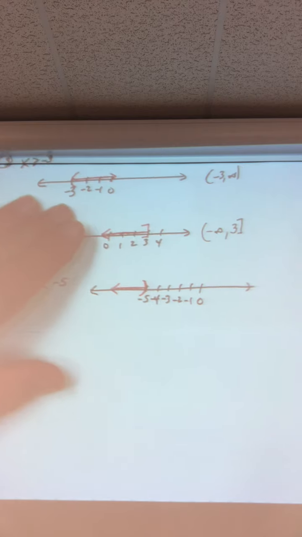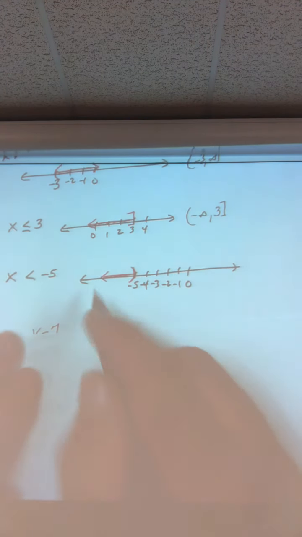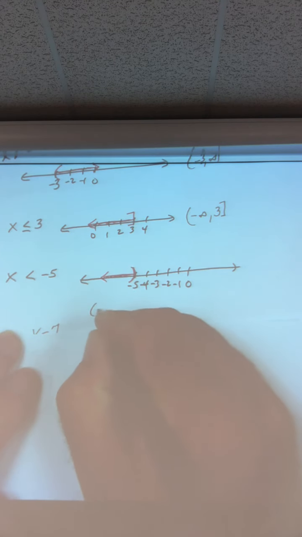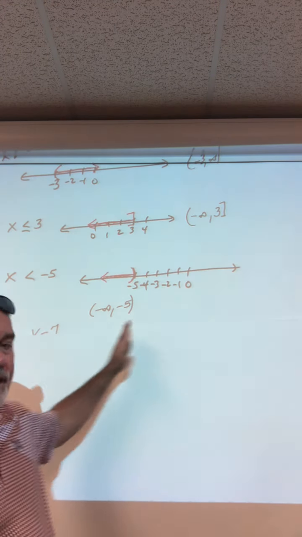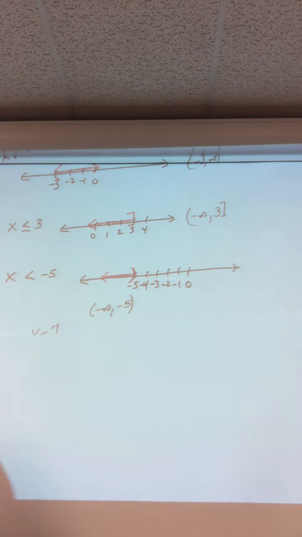So this next one, x is less than negative 5. Because that's going to the left, I would put negative infinity, comma, and then negative 5. So that's all of the numbers from negative infinity up to negative 5. Okay, and then the last two.